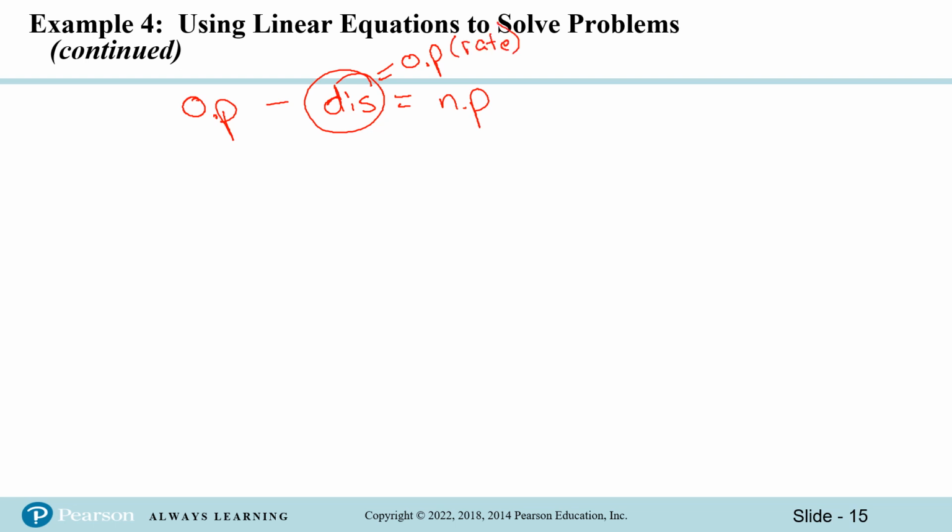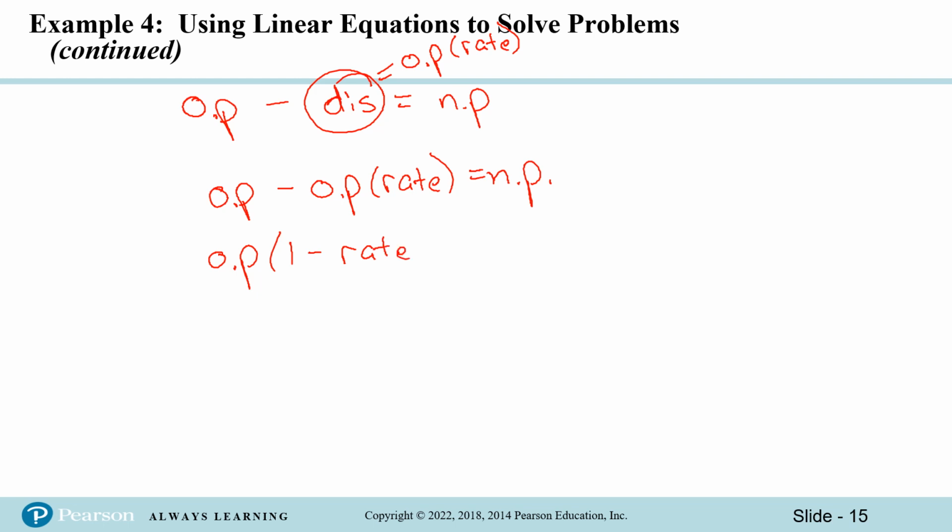So the original price minus the original price times the rate equals the new price. And you can either leave it like that or you can factor out the original price and write it as 1 minus the rate equals the new price.